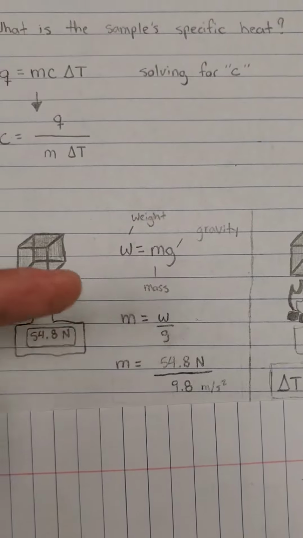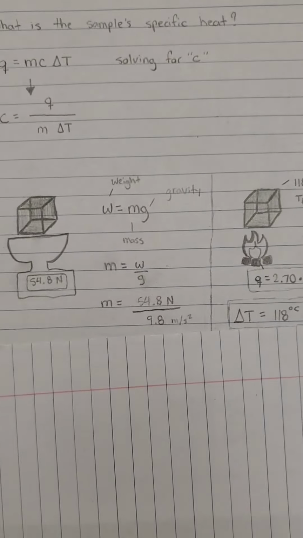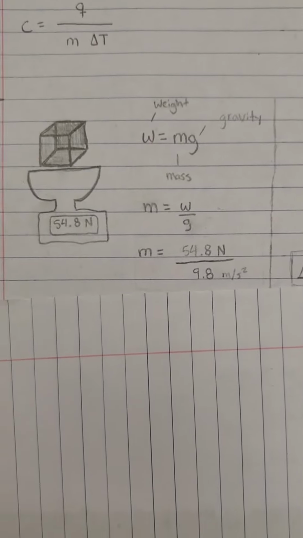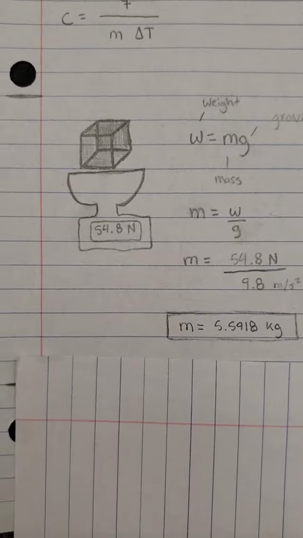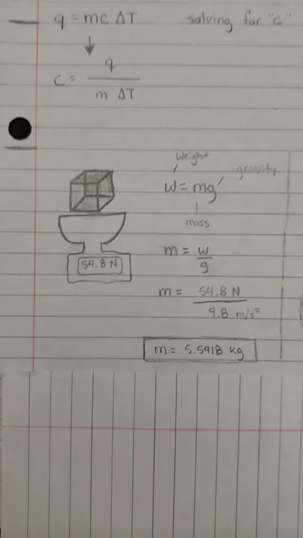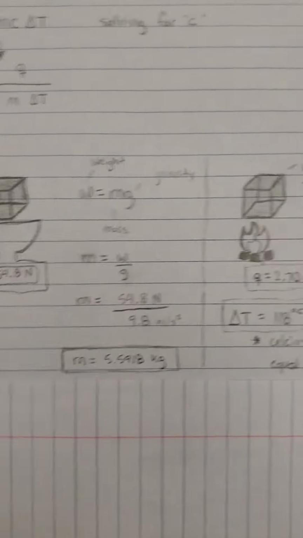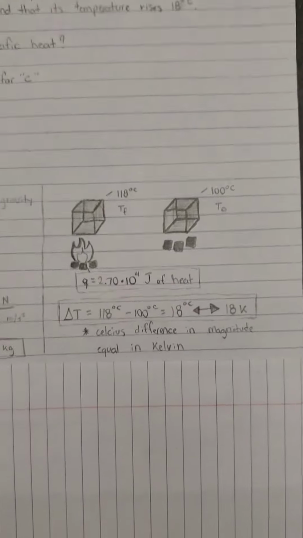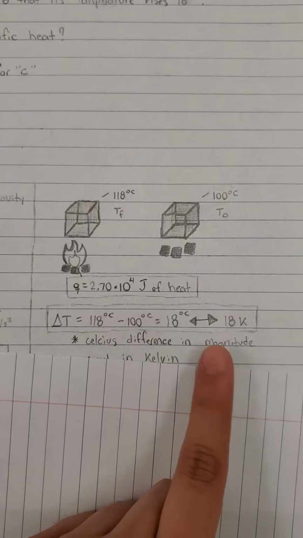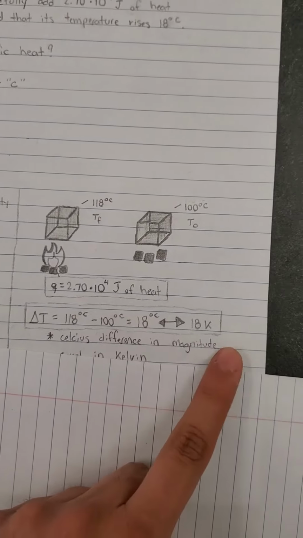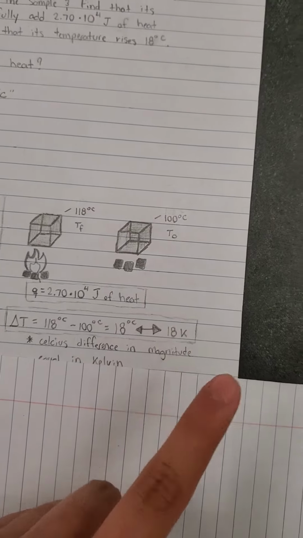You do a little algebra, you get m is equal to weight over gravity, and you plug in the values, 9.8 meters per second squared for gravity, and you should get the mass is 5.5918 kilograms.